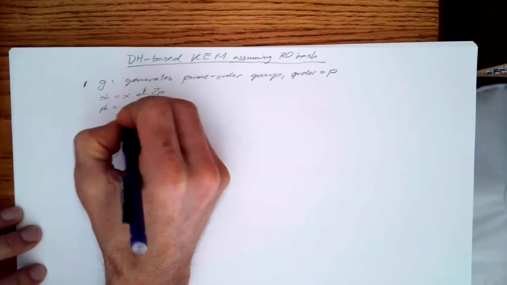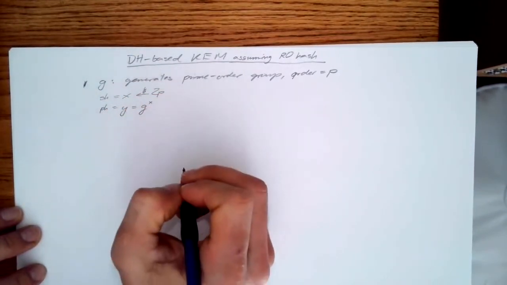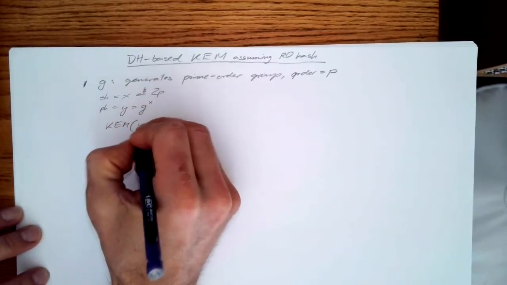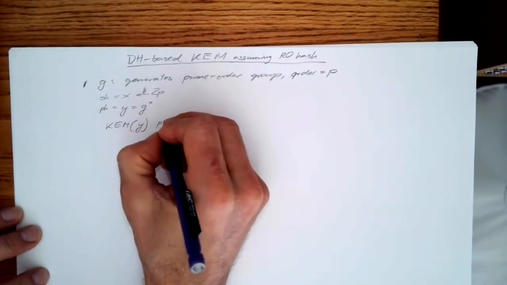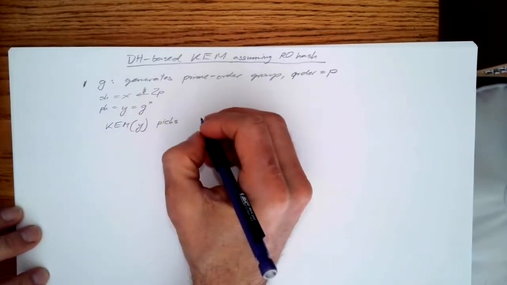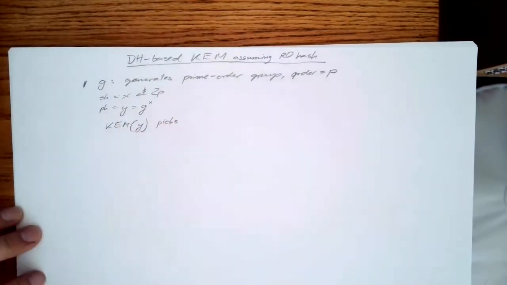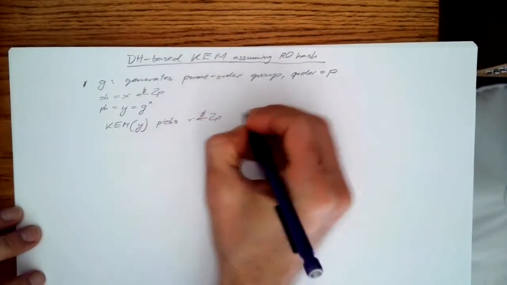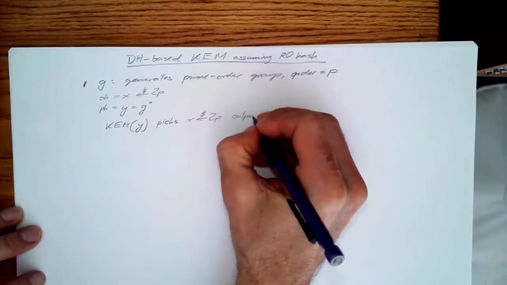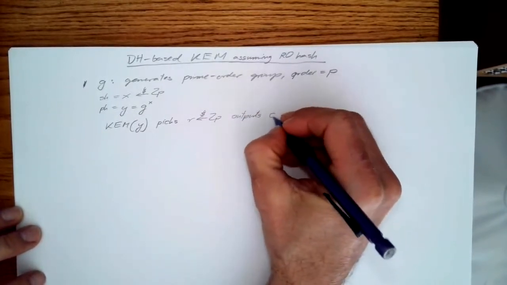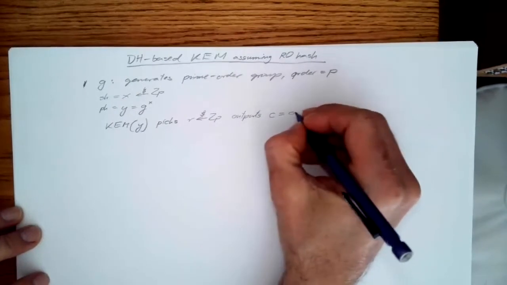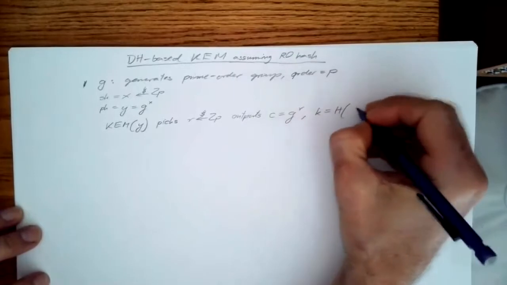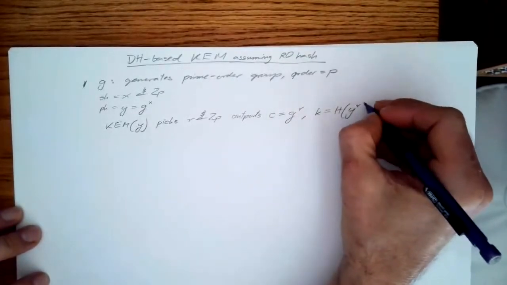Public key is Y, G to the X. And KEM encapsulation on Y picks a random R in the group order and outputs C, which is G to the R, and key K, which is hash of Y to the R.